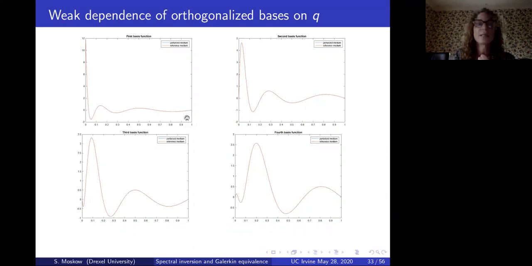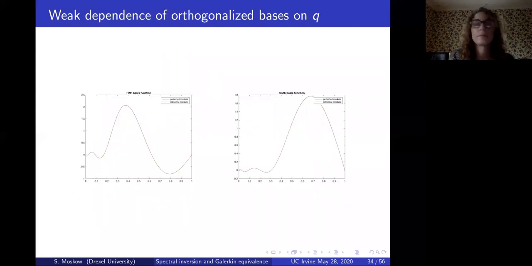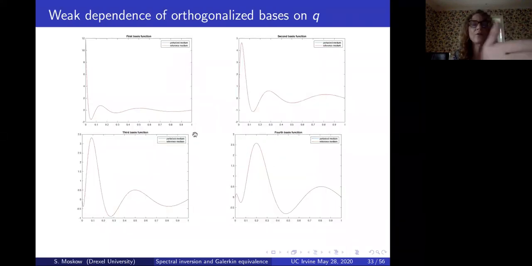You can also see the localization that they have, which coarsens a bit as you move away from the source. And this is the fifth and sixth basis function. It sort of models how well you can see what's going on: the further you get away from the source, the less precise information you can get.